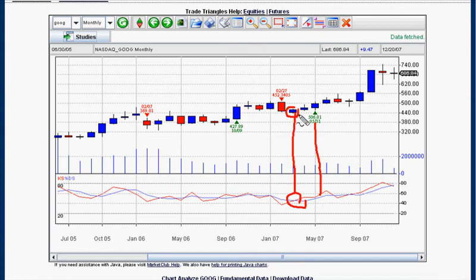But getting in here might not have been a good position, because looking back a little bit further, we can see that they crossed here again, and it basically stayed in a flat position. So the crossing of the slow stochastic could tell us one thing, could tell us another.